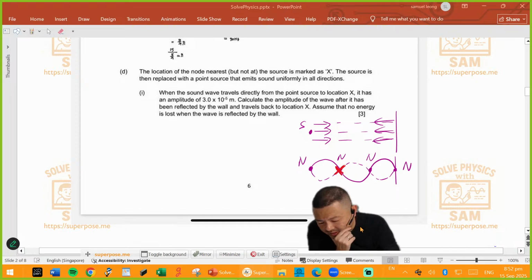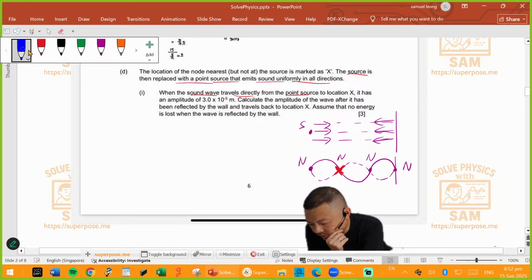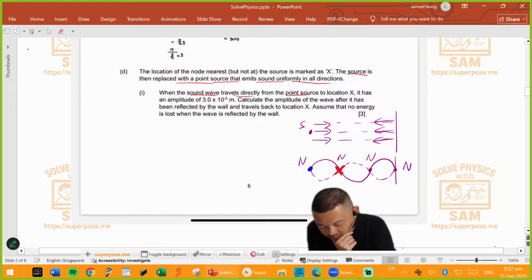And then they're saying that when the sound wave travels directly from point source, the source is replaced with a point source that emits sound uniformly in all directions. Don't know how that makes a difference, but okay. So now you have something that looks like this.